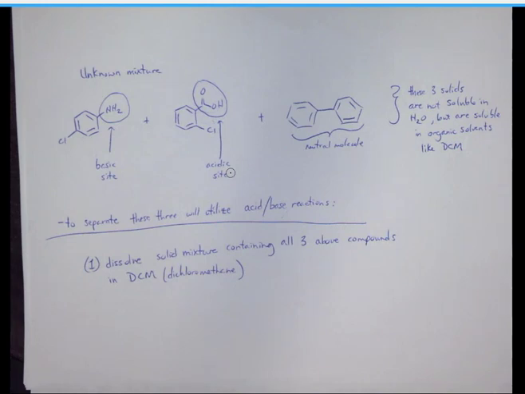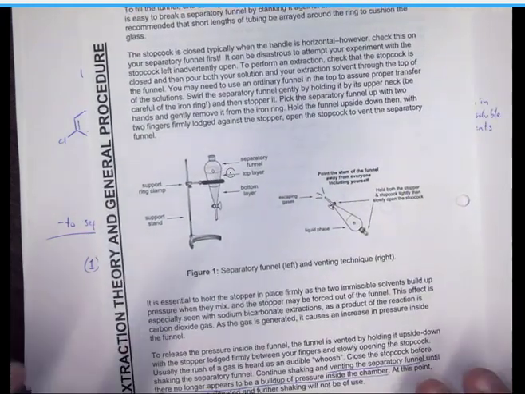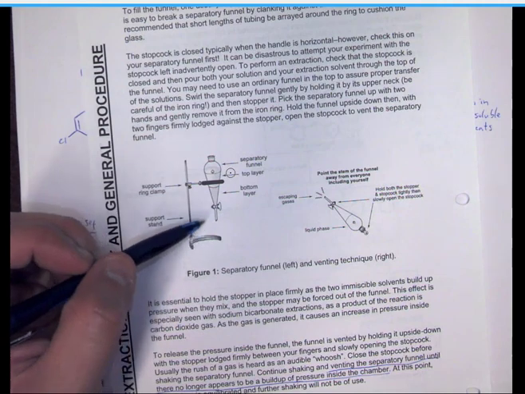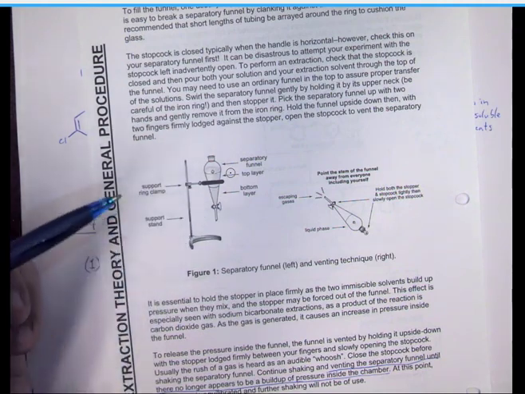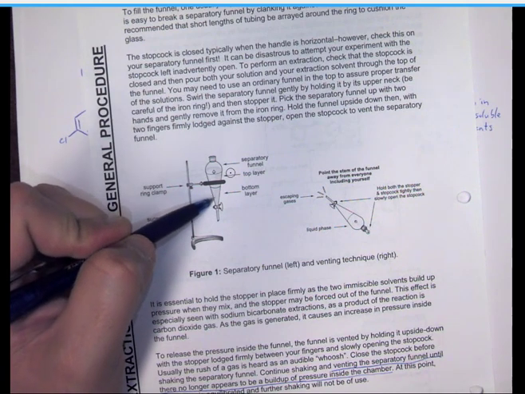When we dissolve them in dichloromethane, we're going to put them in a separatory funnel. Here's a pretty good picture of what a separatory funnel looks like. You would pour in your solution, and right now you'd only have one layer.